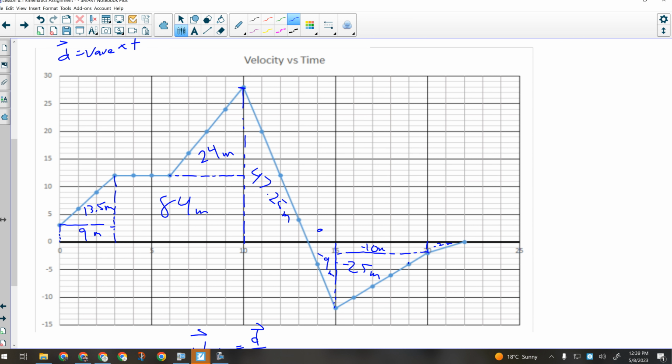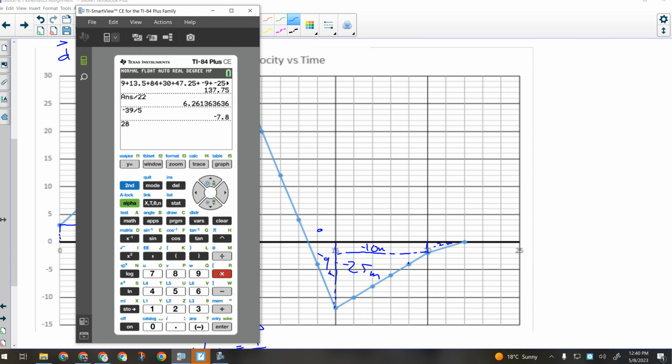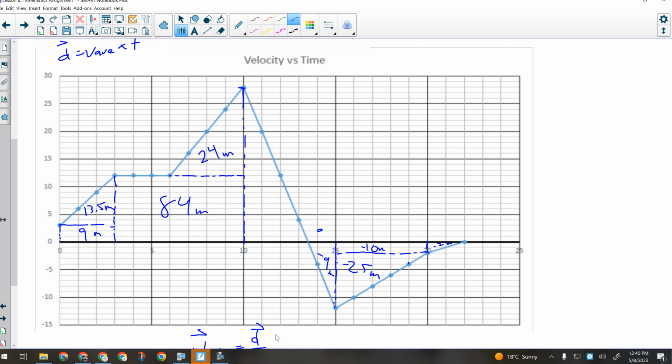I messed that one up really big. And I messed this one up. I don't think I messed the other ones up, but I did mess those two up.